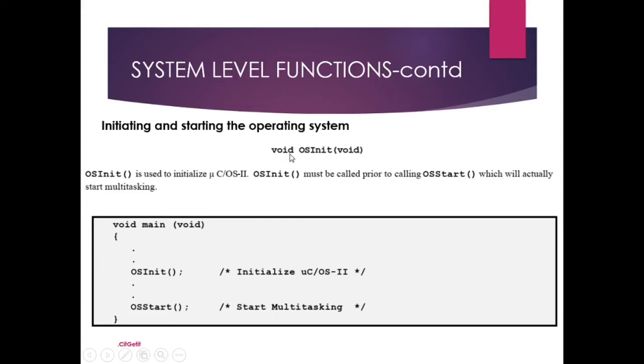The function is returning no value, so this function is used to initialize our MicroC OS2, and this is the first function we have to call while writing a program. So this would be the first line of our program in the main function.